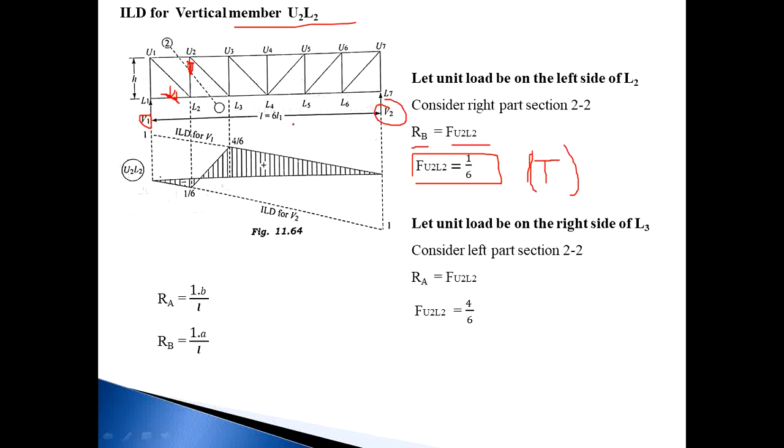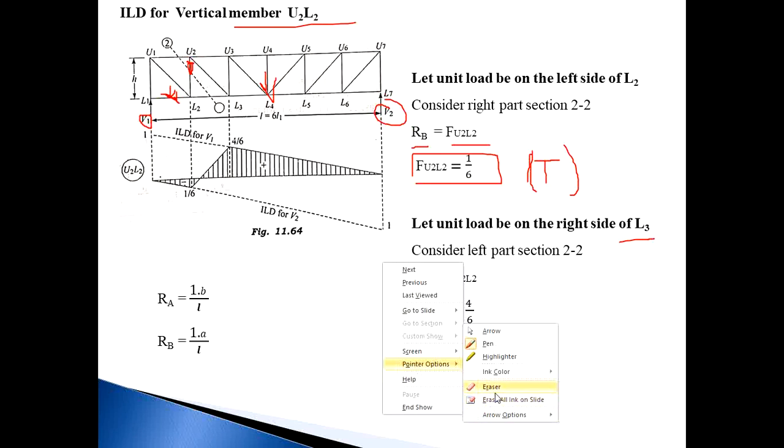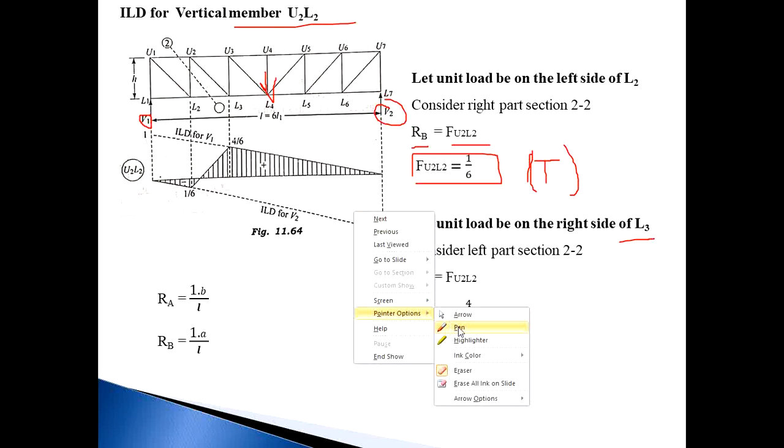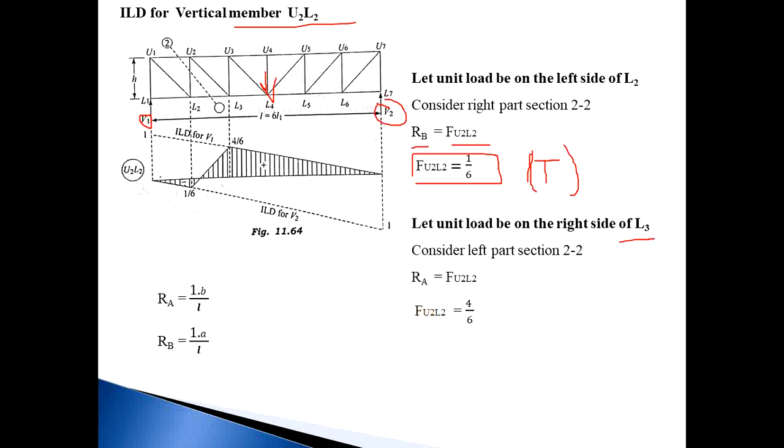Okay. Now the load crosses the L2 point, meaning the L3 point. So let us put the load now on the right side of L3, meaning the load moves on this side. Once again I should clear all things. Okay. Now the load is on the right side of L3.